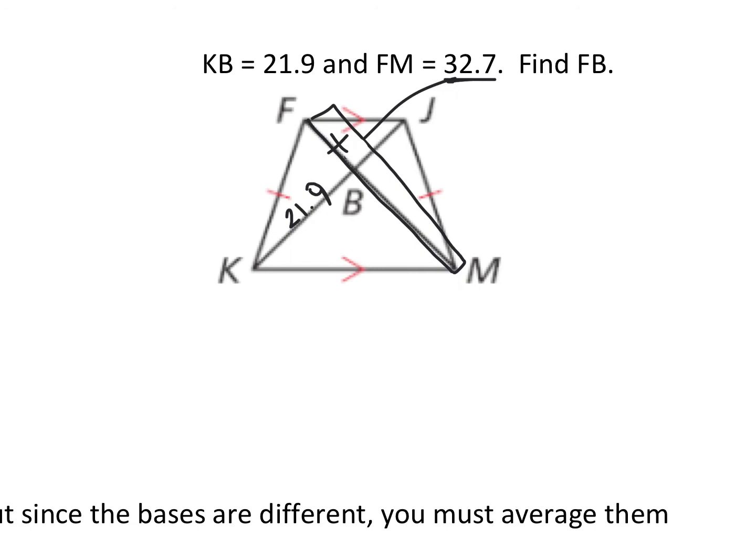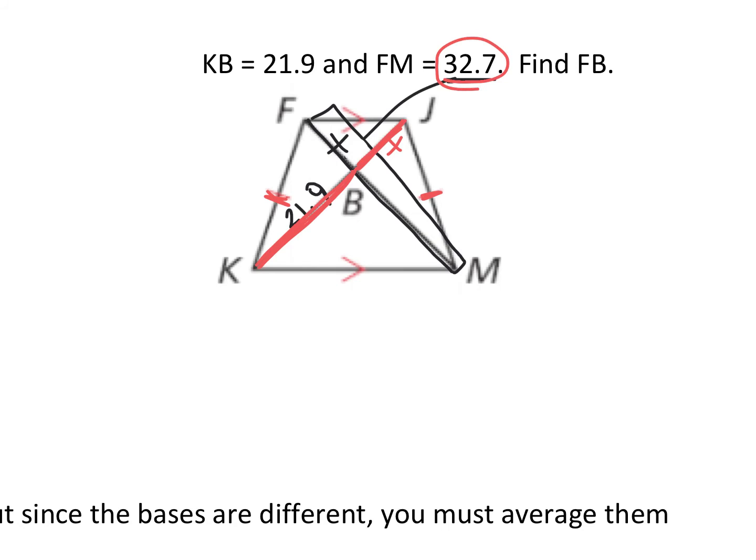So I know that if it's isosceles, and it is, that these diagonals are equal. So if the whole thing is 32.7, and KB is 21.9, this section right here is going to be the same as the X value, and the two of them together are going to add up to the 32.7.